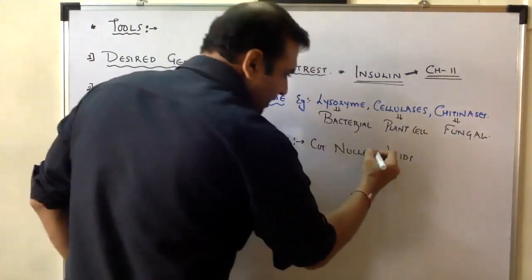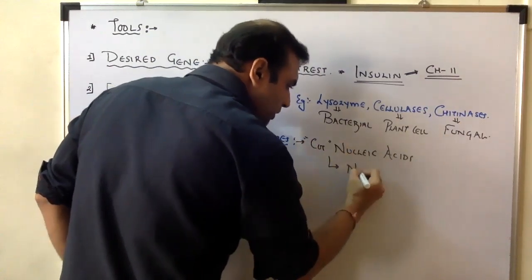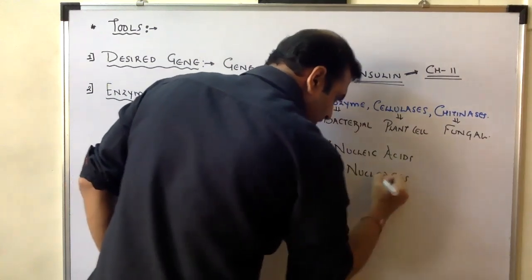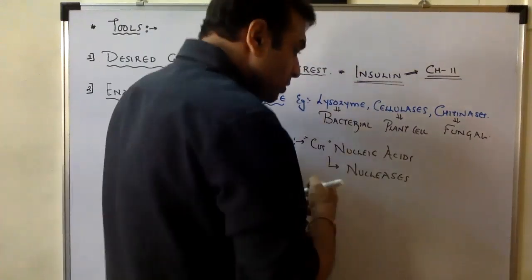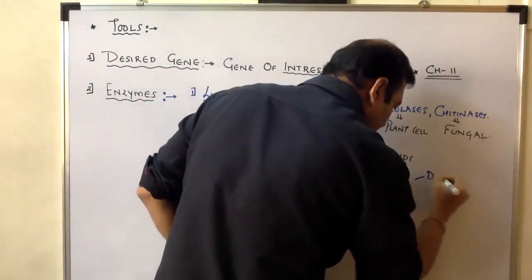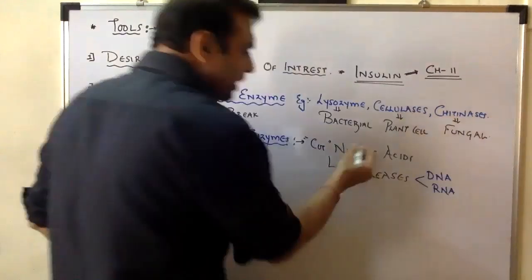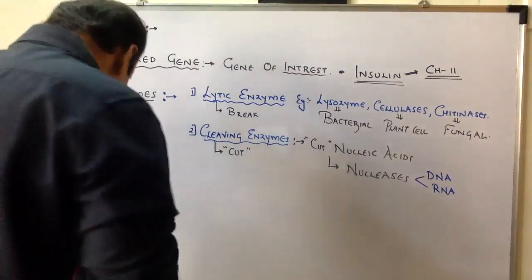And when I say they can cut the nucleic acids, we call them nucleases. Definitely they have the ability to cut both DNA as well as RNA because we are now focusing on nucleic acids. So this is my second enzyme.